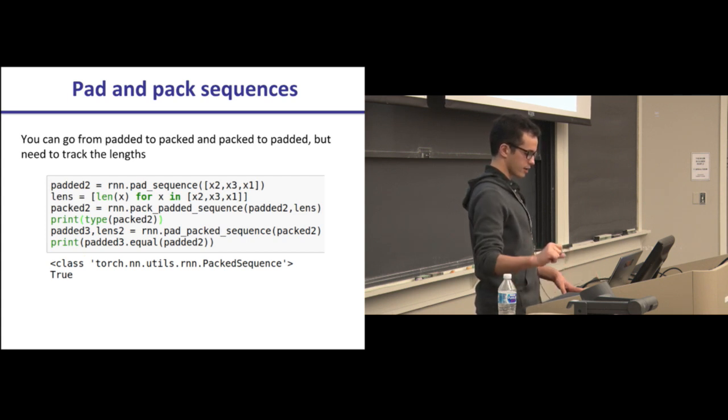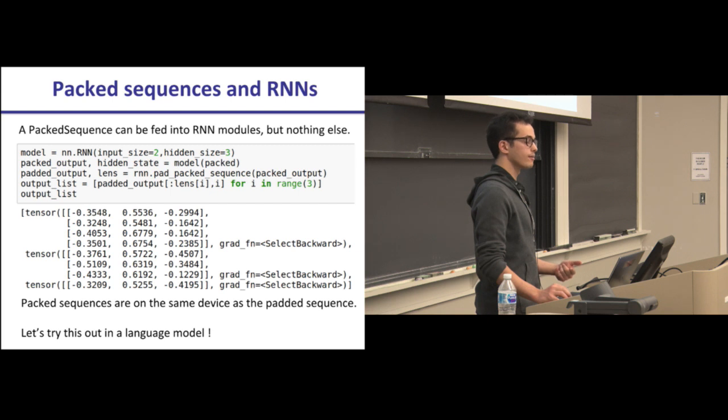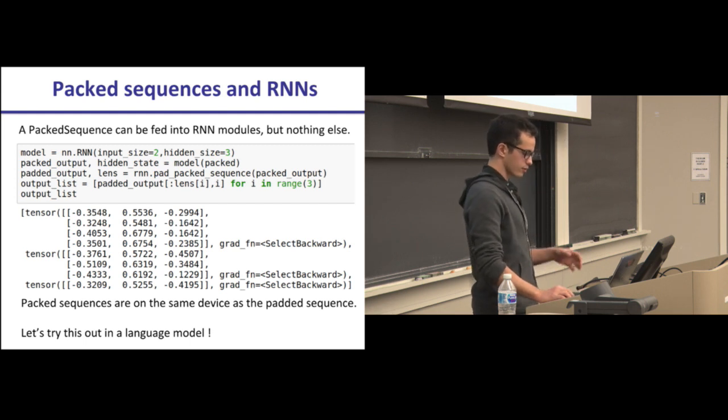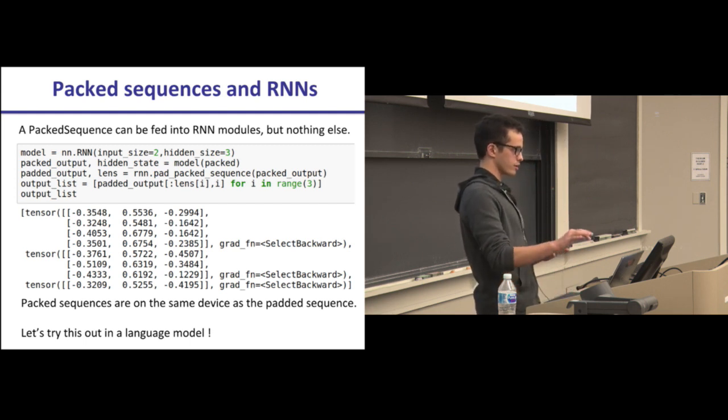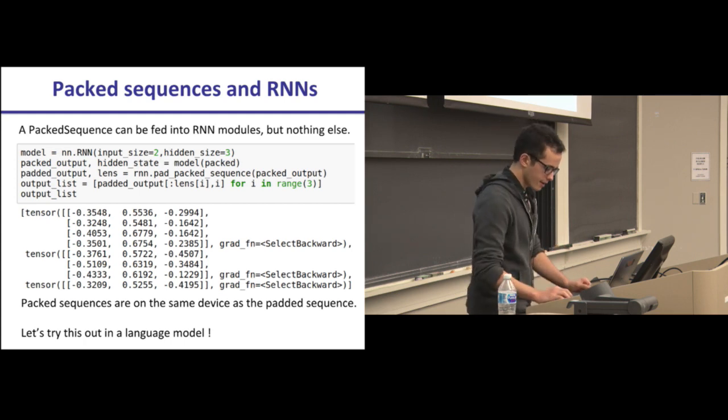And when you go back, it returns the padded tensor and the lengths. Like I said, packed sequences can go directly into the RNN modules, but that's all. You cannot give a packed sequence to a linear layer or a convolutional layer. So you have to jump between packed sequences and regular tensors all the time.